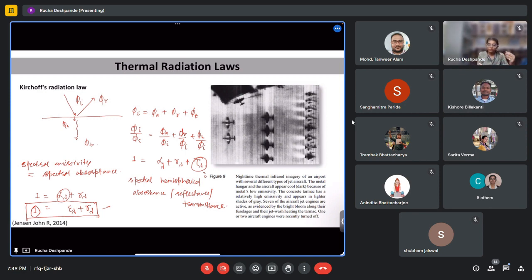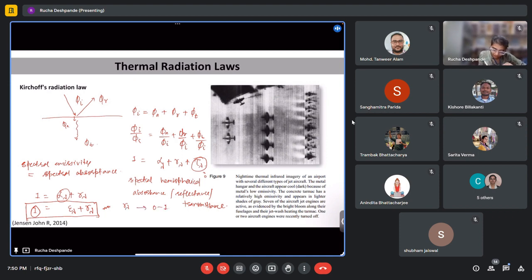So that is why we know that objects which are good reflectors will be very poor emitters. If an object is reflecting very highly, then its r lambda would be high. These reflectance and emittance values range from 0 to 1.